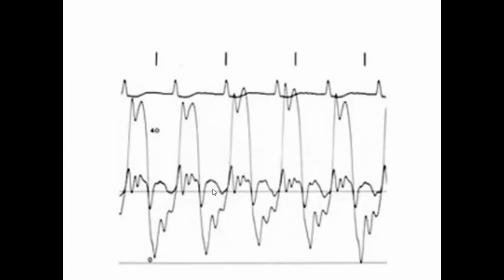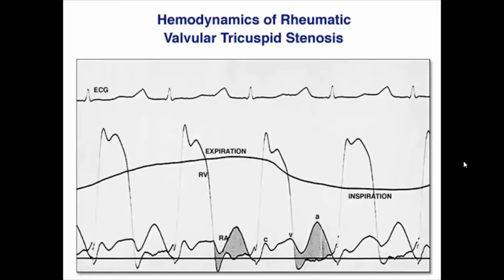If I have a diastolic gradient with higher pressure on the atrial side and lower pressure on the ventricular side, this supports the diagnosis of, we are on the right side, tricuspid stenosis. Excellent.